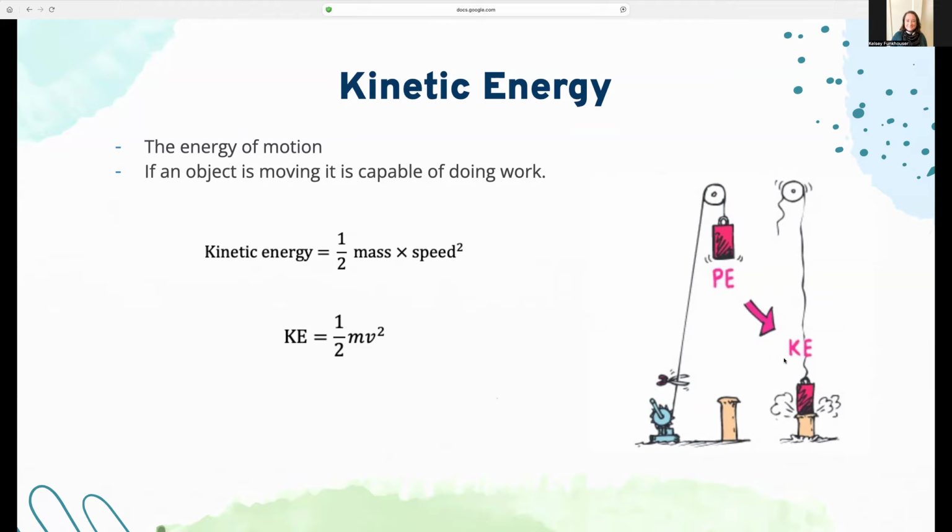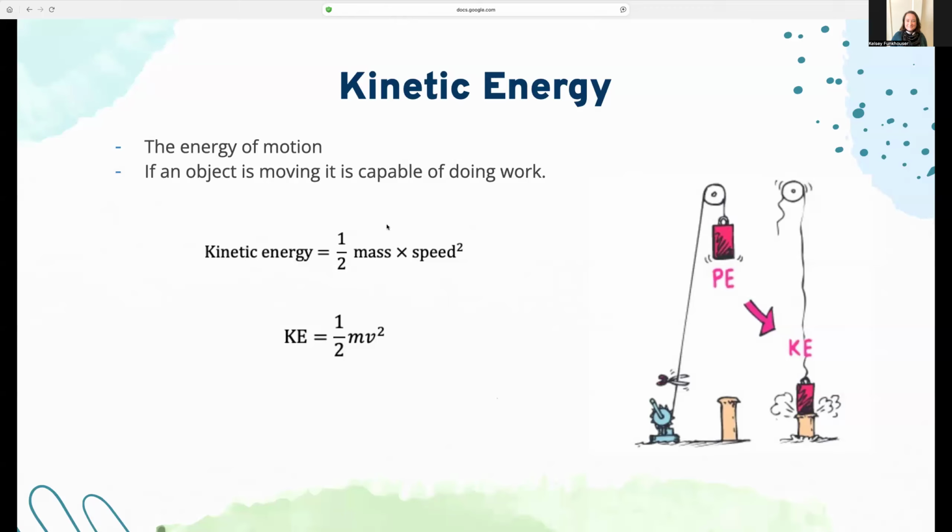And then it's released and it does work on this stake in the ground when it hits it. But from this point up here where it has some potential energy, once it's released, it gains some velocity, and that velocity is what goes into the kinetic energy.